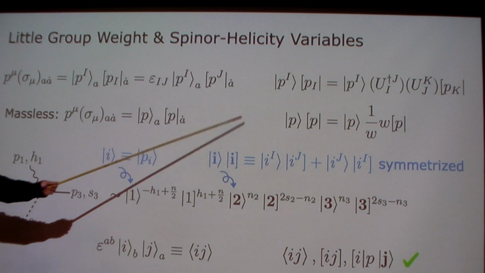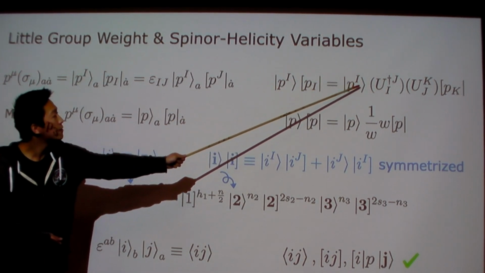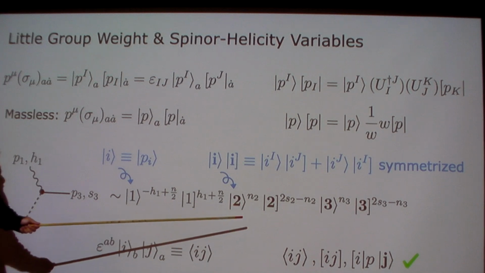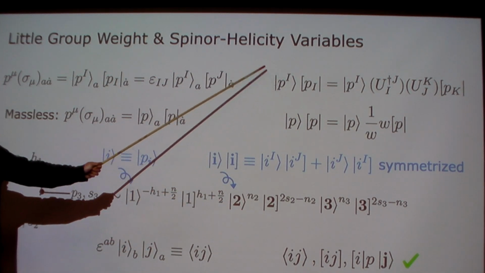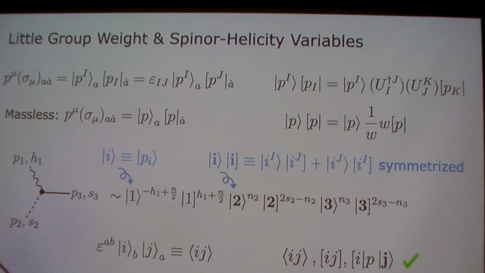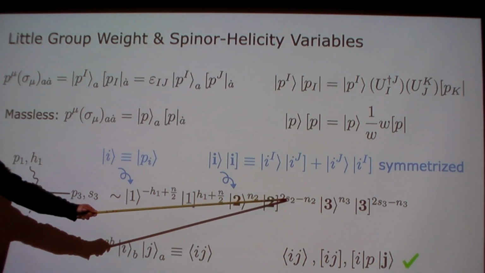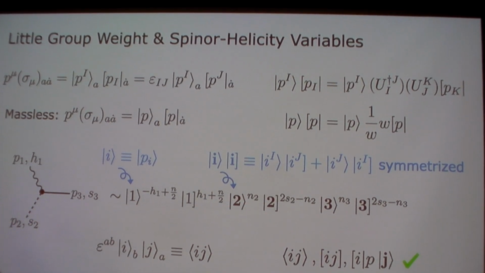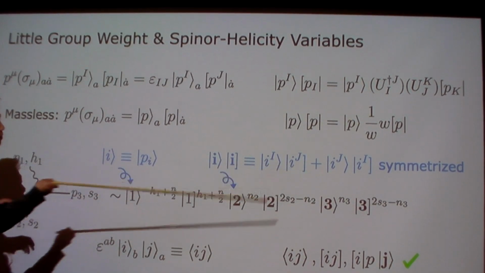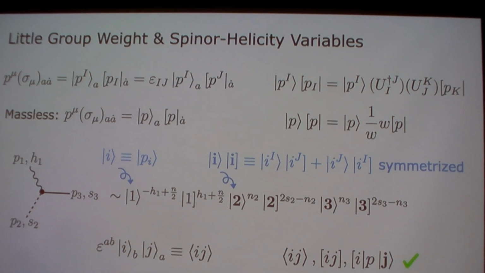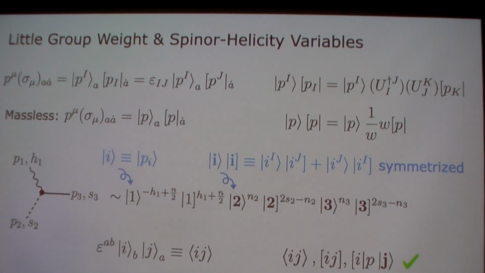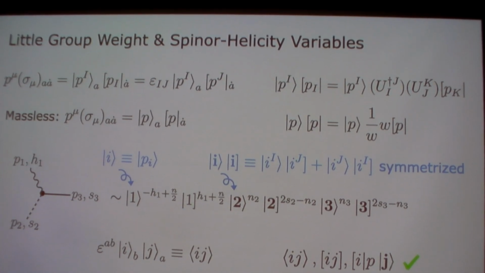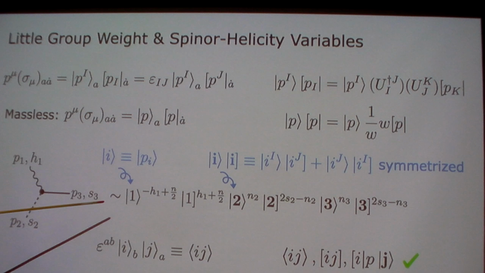For the massive particle, the little group is carried by this SU2 index. The angle and square doesn't really matter. As long as you have an SU2 index, it transforms in the same way under the little group. So if you have a total of 2s of these SU2 indices and you fully symmetrize them, there will be 2s plus 1 distinct combinations, which correspond to the 2s plus 1 spin states of that particle.